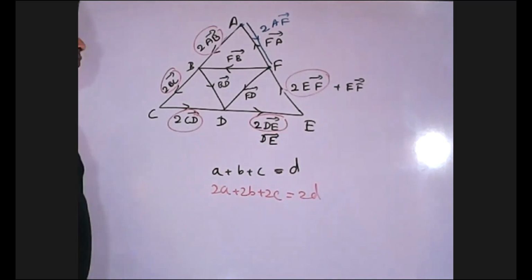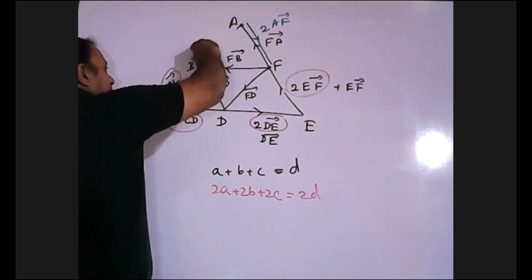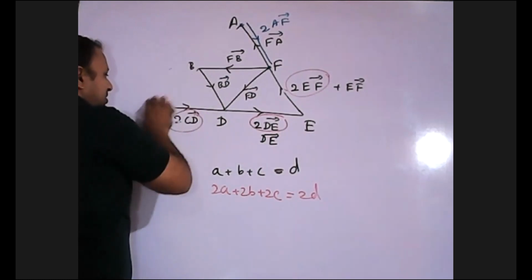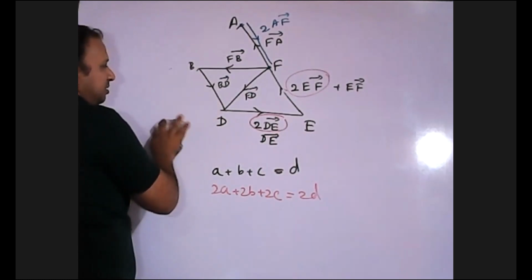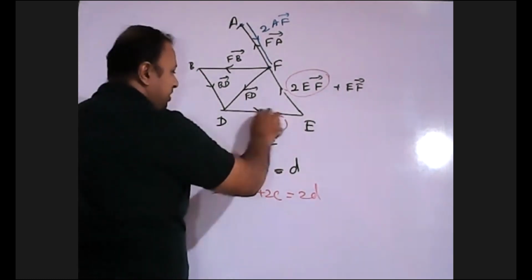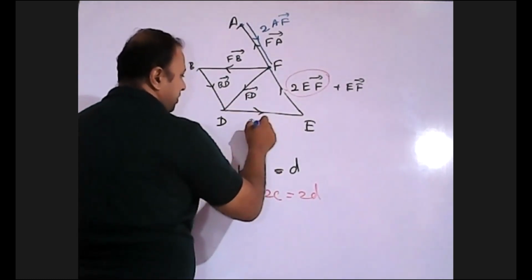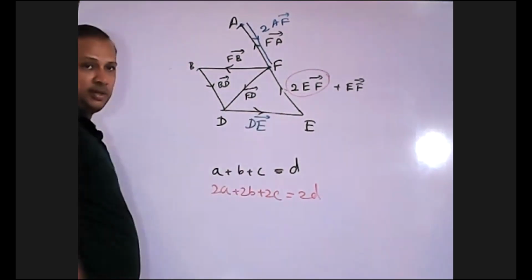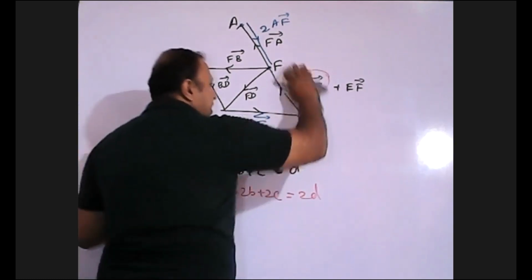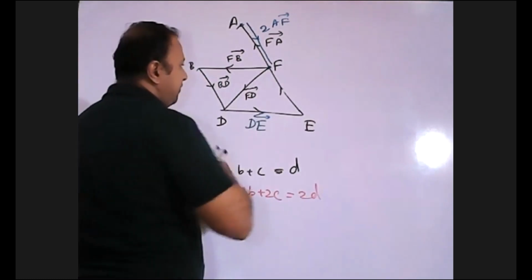Therefore, all the 2 values can be replaced. Now this is not here, this is not here, this one is not here. In here, there's no 2DE, but still there's one DE balance. Now there's no 2EF, but there's still 1 EF.